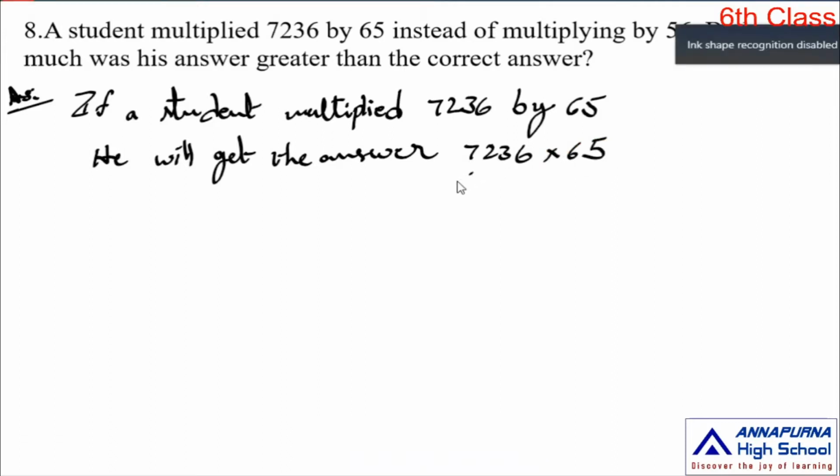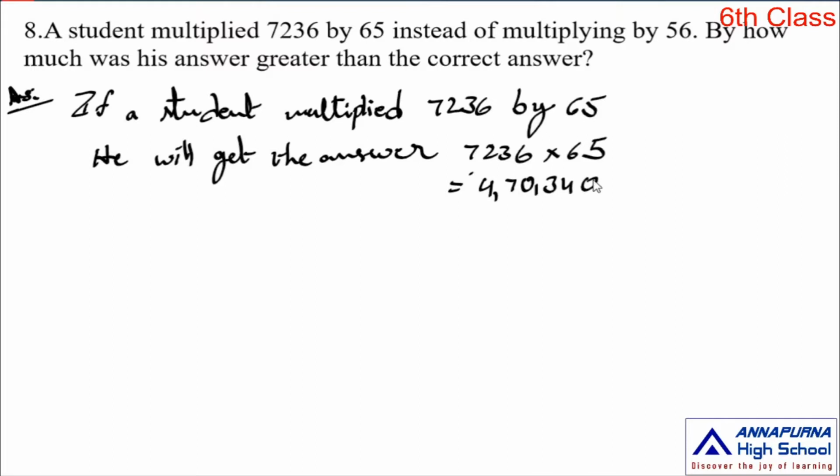What is the answer? 4,70,340. 7,236 multiplied by 65. The answer is 4,70,340.